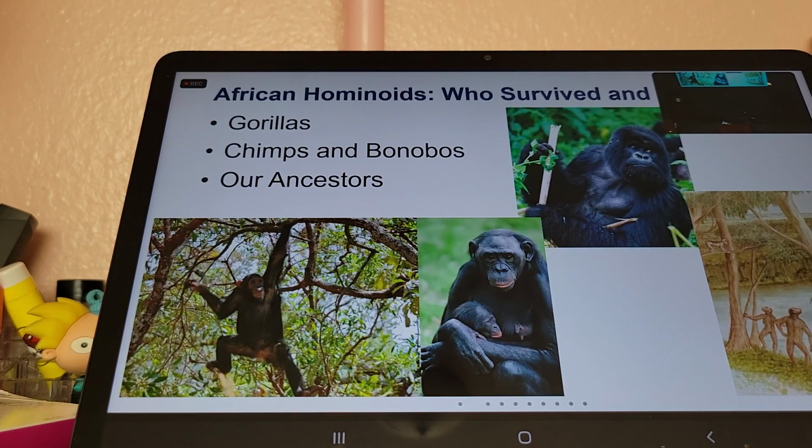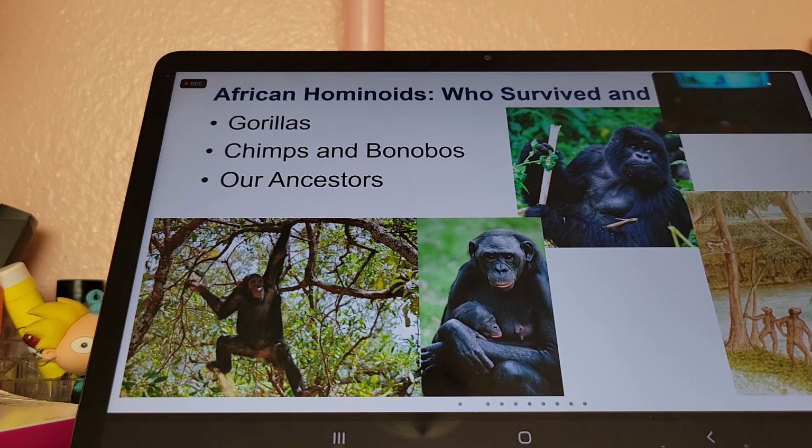So the African hominoids: who survived, and how? So basically, who survived this late Miocene cooling and drying period? Well, we know a ton of monkeys did, because there are monkeys all across the African continent, right?